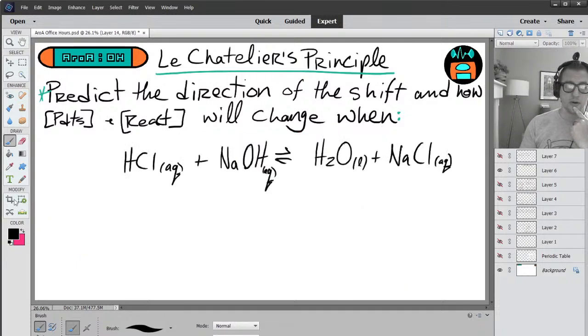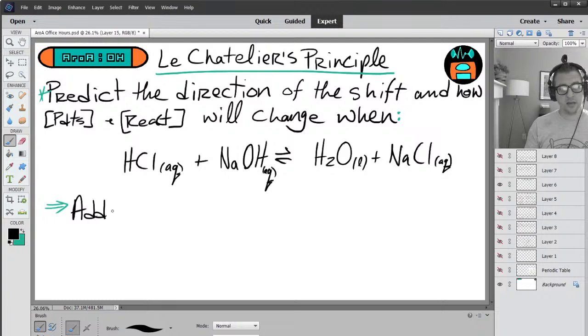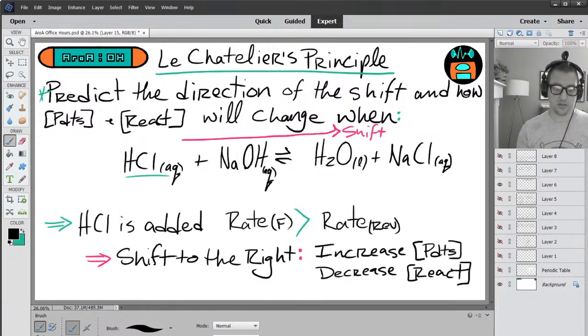Let's keep our chemical equation though. What's going to happen to the equilibrium if we add sodium chloride to this mixture?